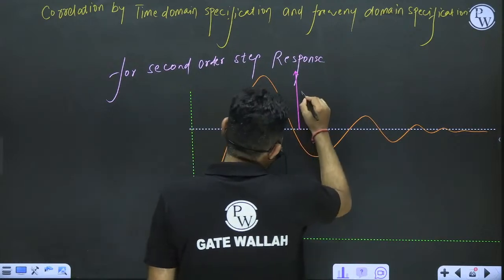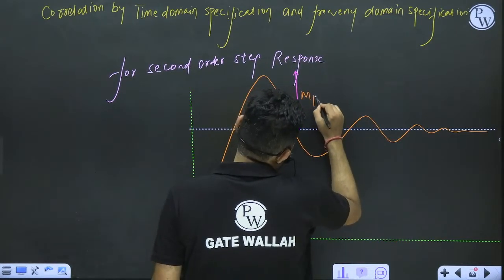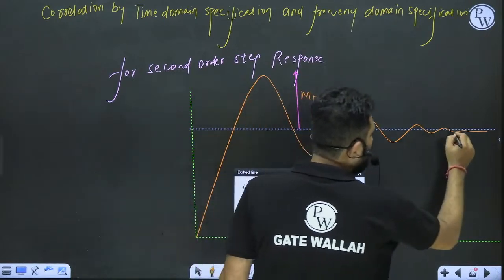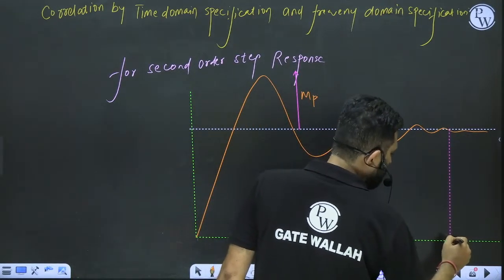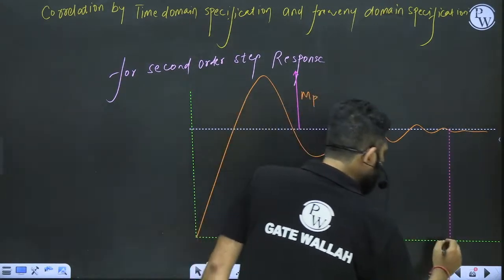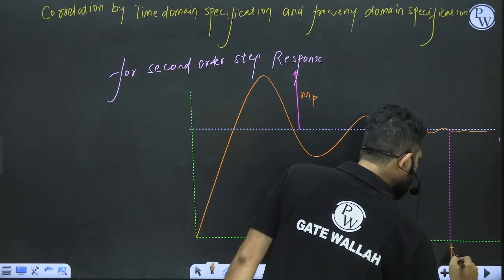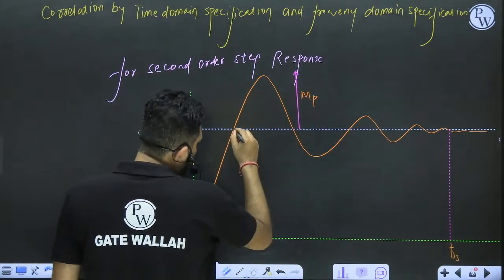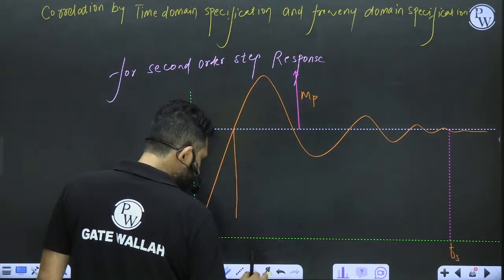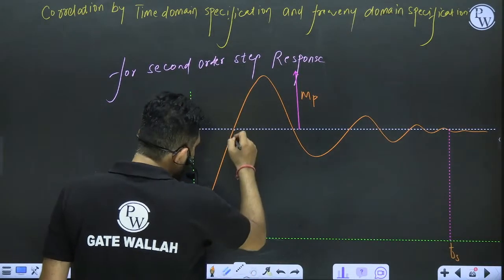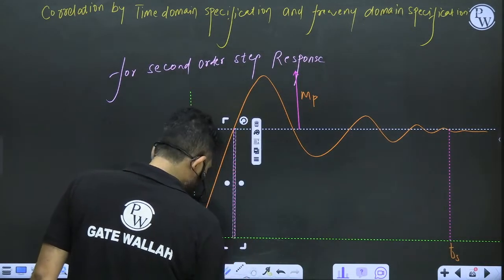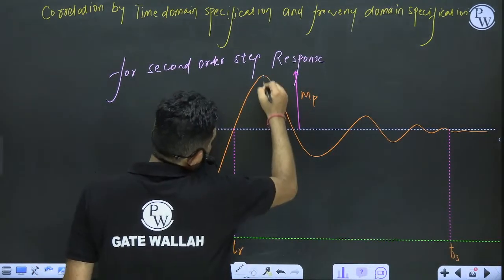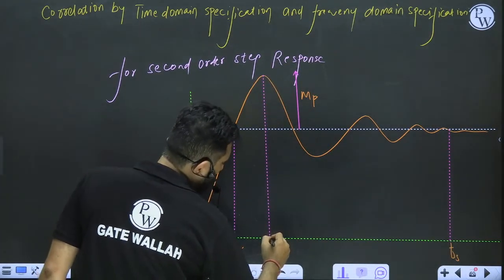I'm calling it MP. That was a settling time. And then that was a rise time, if you remember. And that was a peak time. I'm not interested in delay time.